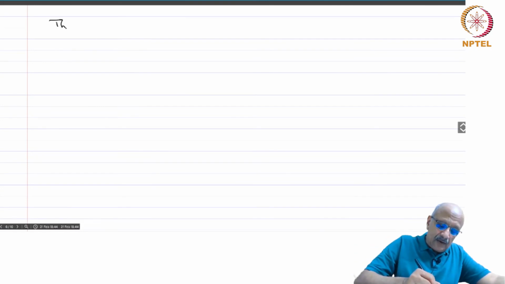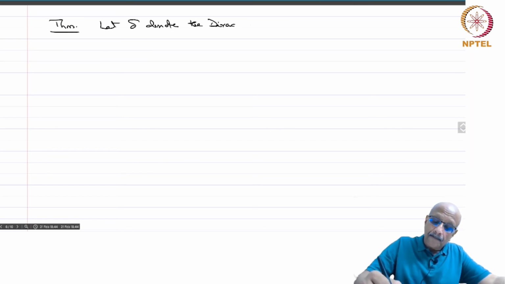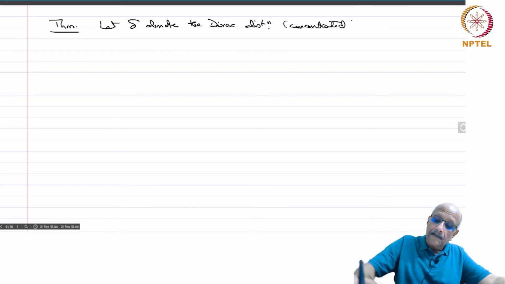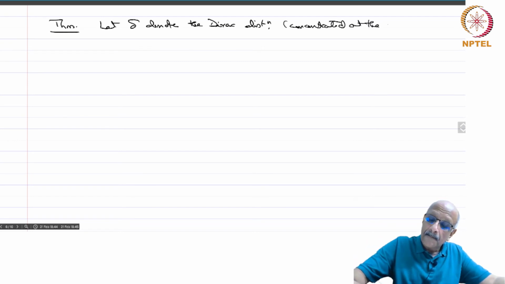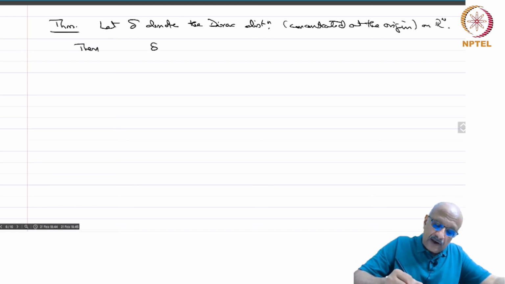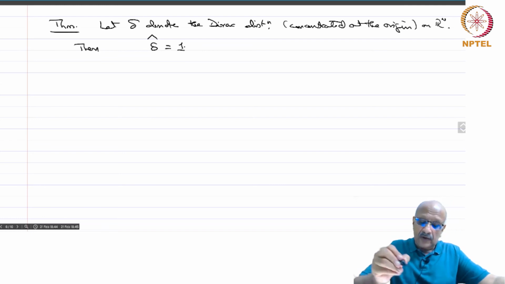Theorem again. We know that the Dirac distribution is very special, so let delta denote the Dirac distribution concentrated at the origin on R. Then you have delta hat equal to 1. 1 is a constant function.